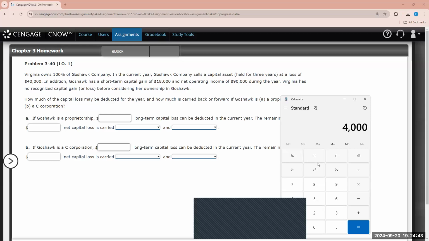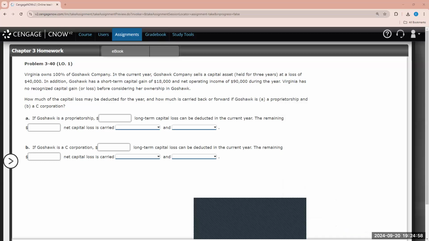So 40,000 minus the 18. So essentially, the loss is basically going to offset the gain. And then essentially what happens is that the remaining amount is going to be carried forward to the next year.